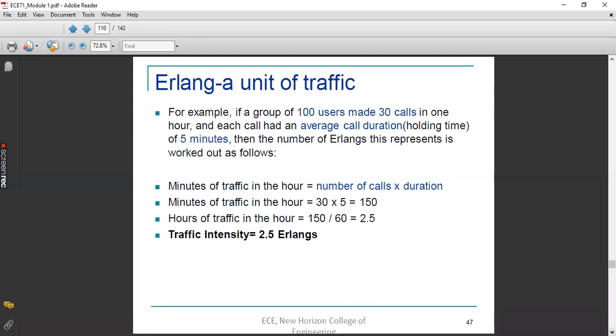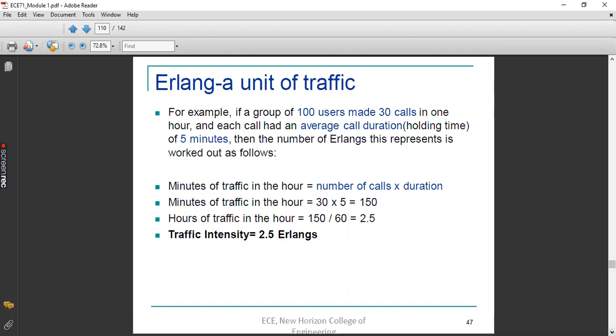The intensity measured on a per channel basis will be confined from 0 to 1 Erlang. While in the other case, if you are taking all users into consideration and measuring the traffic intensity of the entire system, then it can be more than 1, because the observation time will be very small and the average holding time for all the users will be very large. So if the numerator is greater than the denominator, then the traffic intensity is very large.